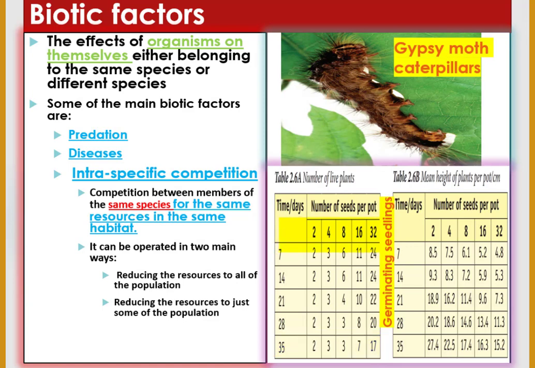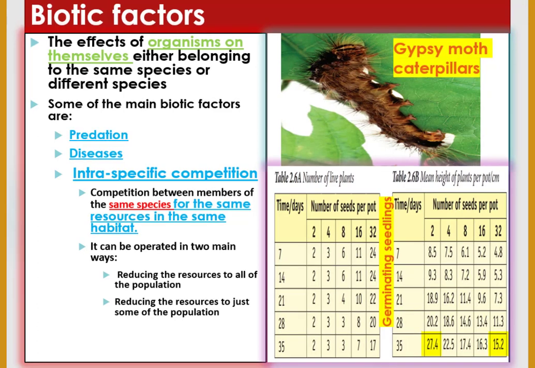When we look at the height of seedlings of pot 1 and pot 5 in table 2.6b, there is a significant difference. The height of seedlings in pot 1 is 27.4, but in contrast, the height of seedlings in pot 5 is 15.2.